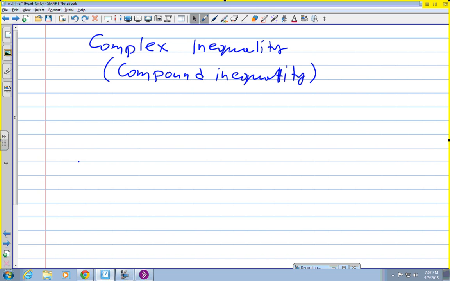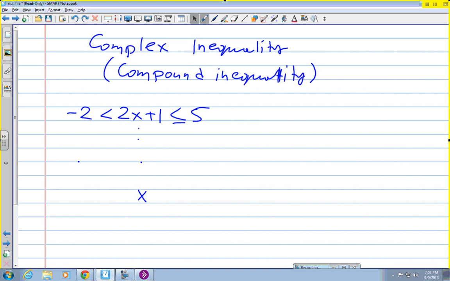For example, negative 2 is less than 2x plus 1 is less than or equal to 5. So we have some algebraic statement sandwiched between two other algebraic statements. And our goal right now is to do whatever is possible to get x in the middle by itself.